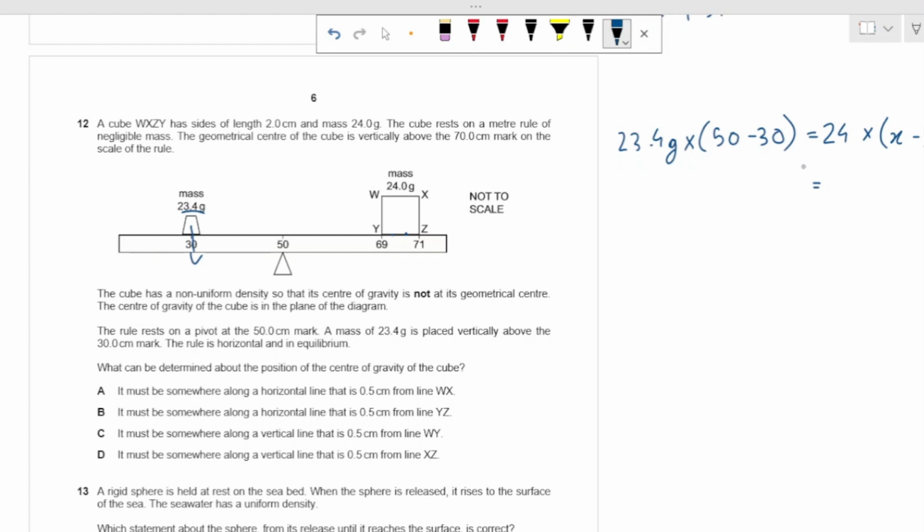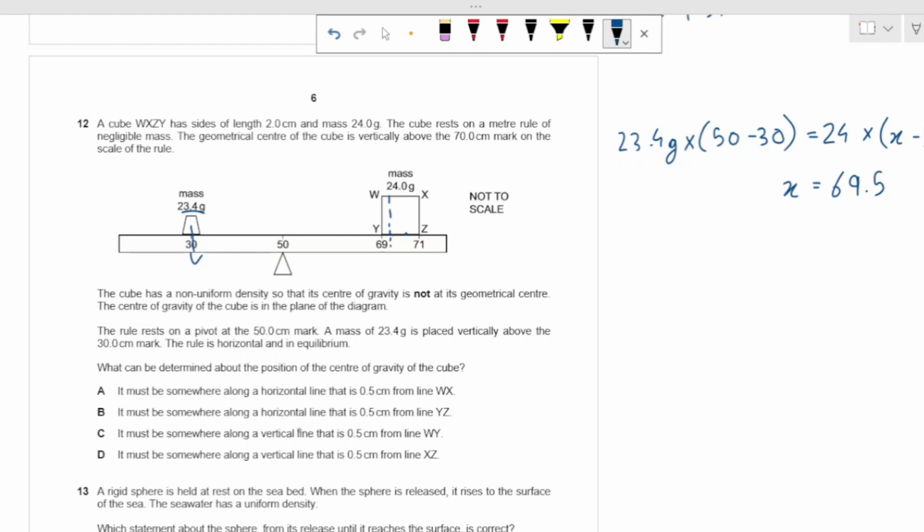So let's put this in our calculator. 23.4 times 50 minus 30, equals 24 times x minus 50, and we get our answer of x as 69.5 centimeters. That means that it is at a distance of 0.5 from the 69th mark.